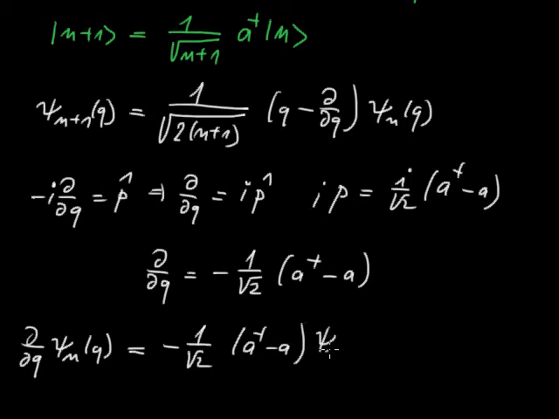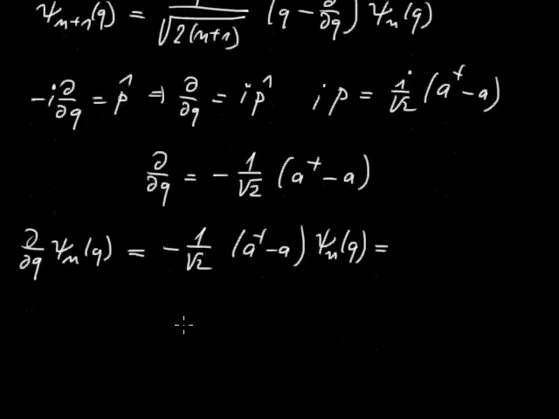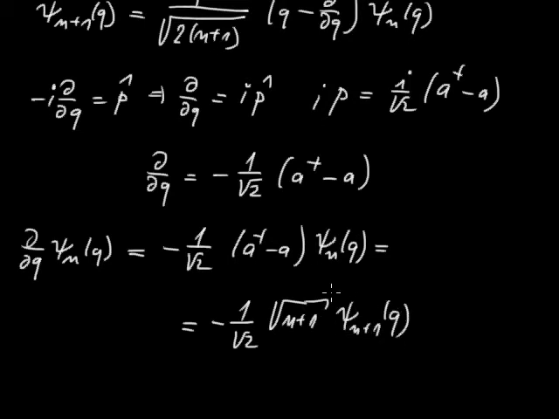where I don't know how to write the operators a dagger and a in the q representation, but I certainly know how they work. So they will give me here, this repeats, square root of n plus 1 psi n plus 1 of q, and the second one gives me minus square root of n psi n minus 1 of q.